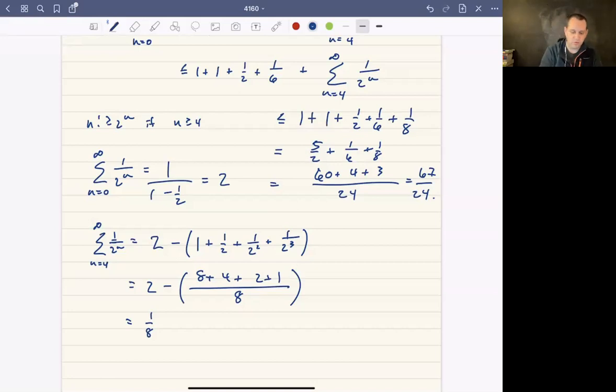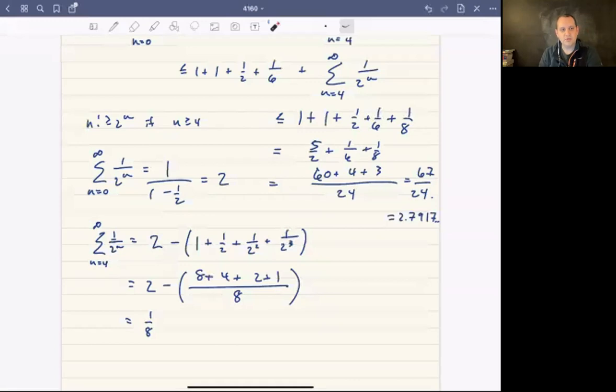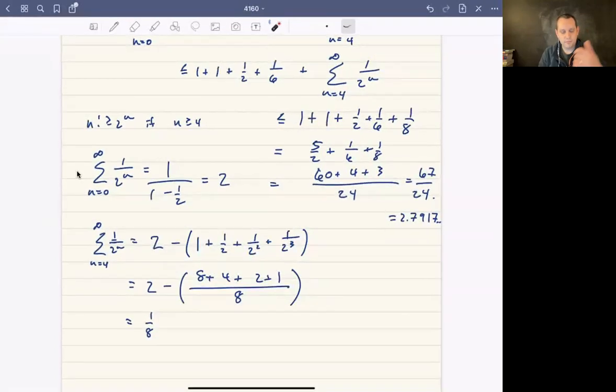And so this was a pretty crude bound. This inequality is wildly ineffective, because it's only really a good inequality when n is small. When n is big, n factorial is way bigger, so 1 over n factorial is way smaller. But anyway, this gives us another upper bound for e. So that's the kind of thing that we can do with these power series.